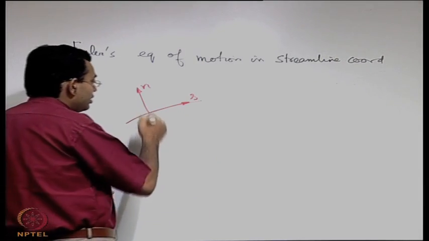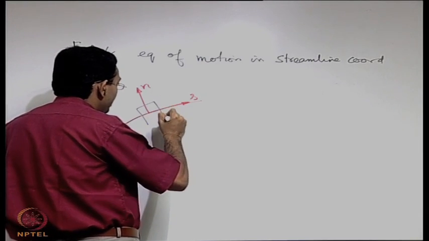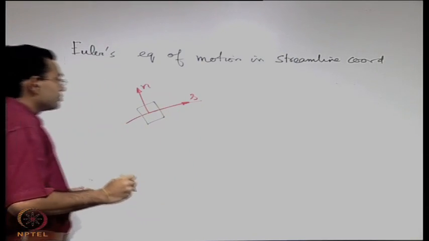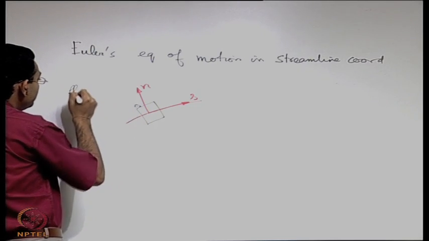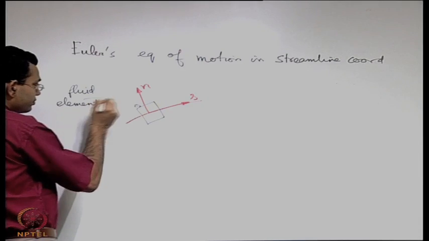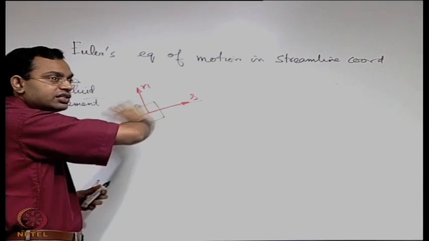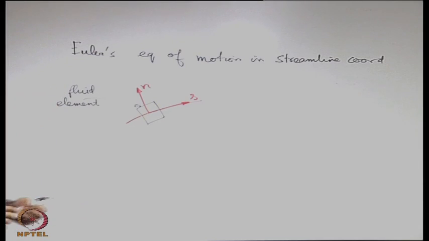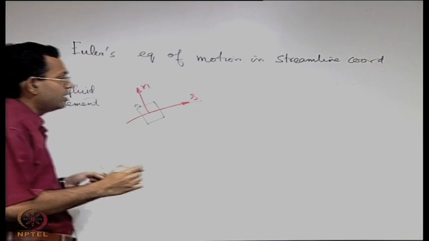So, in this coordinate system, let us say that we have a small element of fluid like this. So, this is a fluid element, but this fluid element has a speciality. We have now considered this fluid element to be sort of coaxial with the streamline at a given location. So, let us try to identify all the forces which are acting on the fluid element.